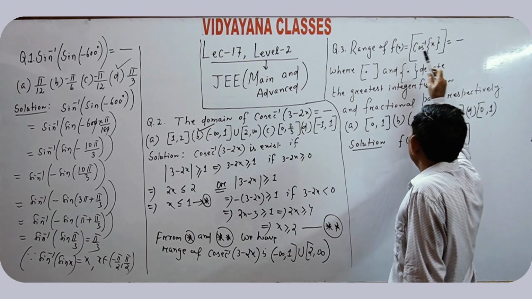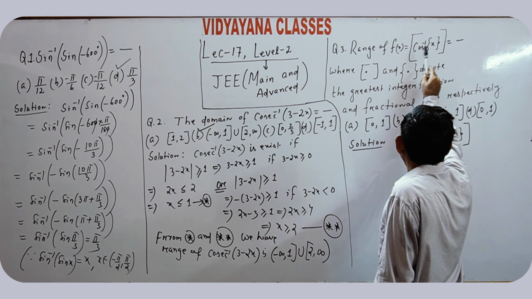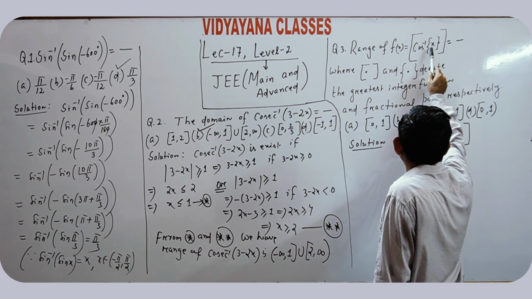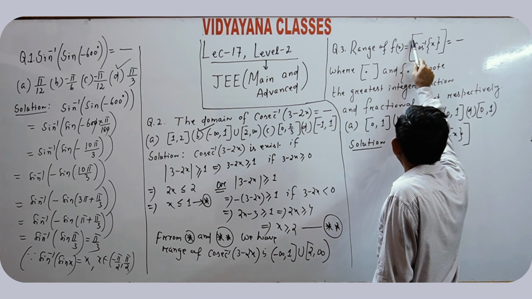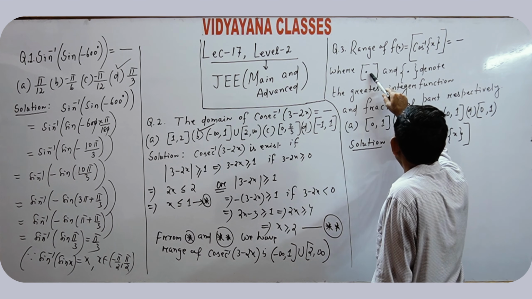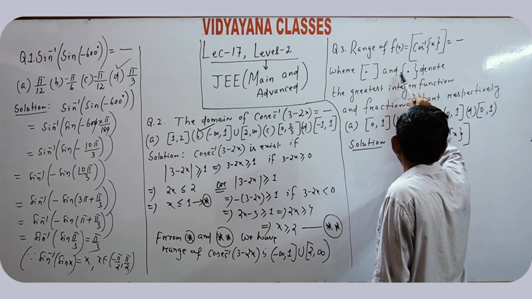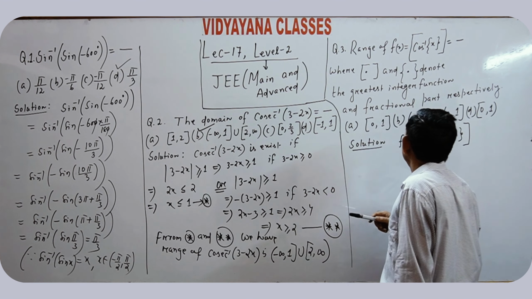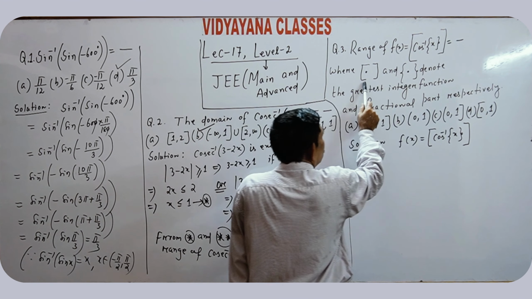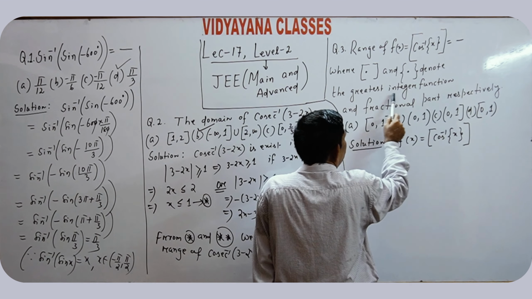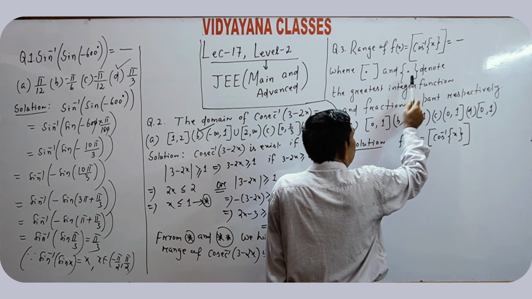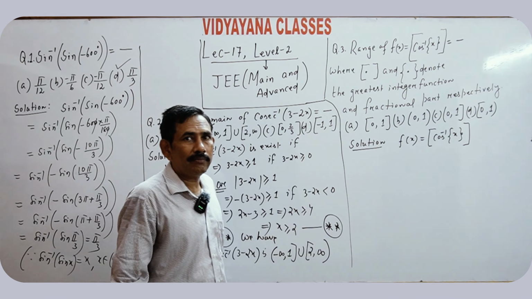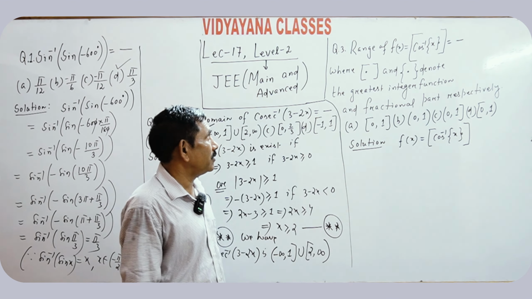The range of bracket of cos inverse fractional part of x. This symbol denotes bracket of the function, it represents the greatest integer function, and this other symbol represents the fractional part of the function.